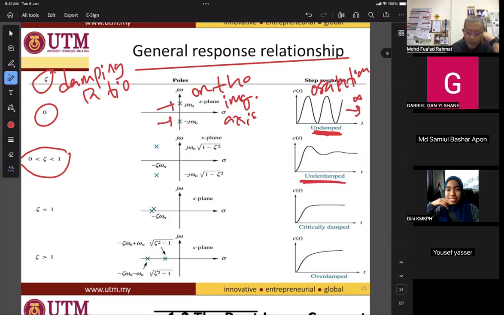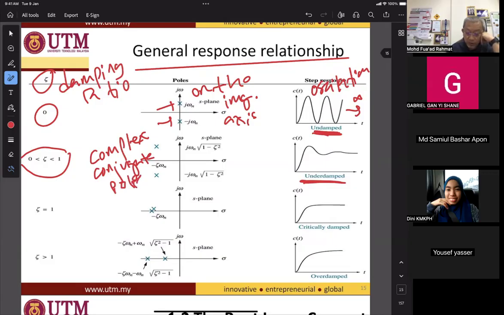And underdamped will give you the location of poles as shown here. It is known as complex conjugate poles, one at the positive side, the other one at the negative side.